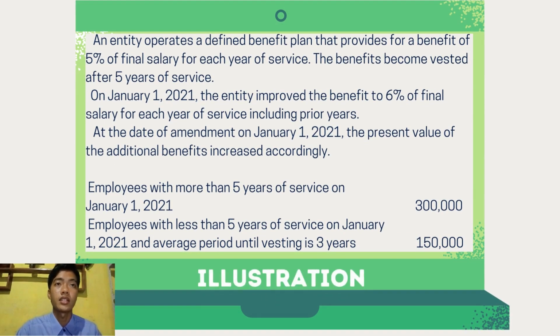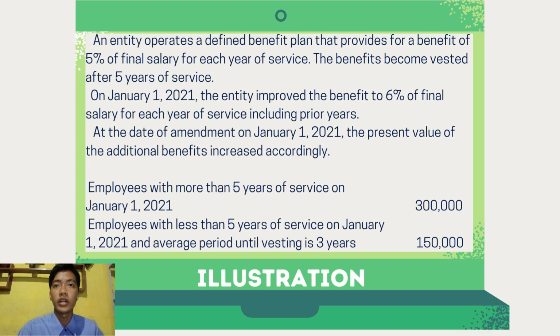So, let's look at this illustration. An entity operates a defined benefit plan that provides for a benefit of 5% of final salary for each year of service. The benefits become vested after 5 years of service. On January 1, 2021, the entity improved the benefit to 6% of final salary for each year of service, including prior years. So, at the date of amendment on January 1, 2021, the present value of the additional benefits increased accordingly.